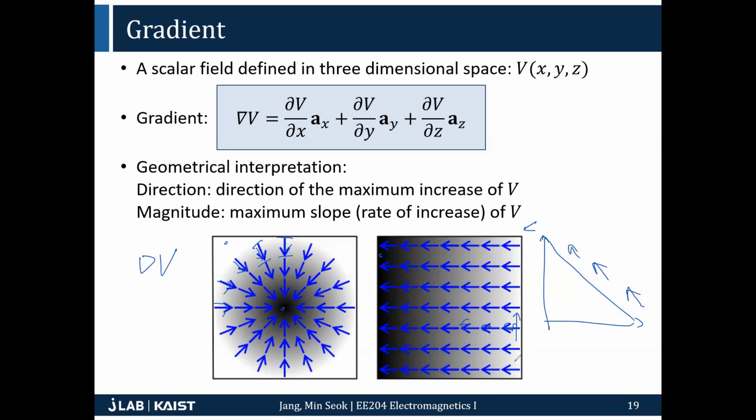There's no slope at all, right? And if you go along the gradient, then you experience maximum slope, right? So you see what the gradient means then: its magnitude is the maximum slope, and its direction is the direction of maximum increase.